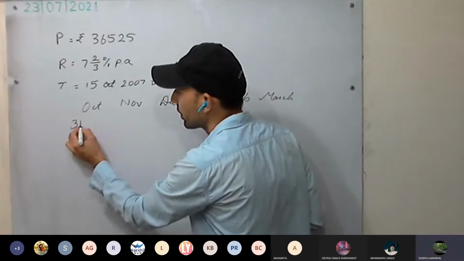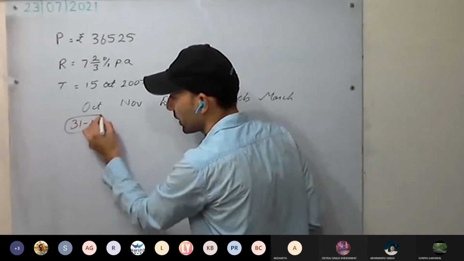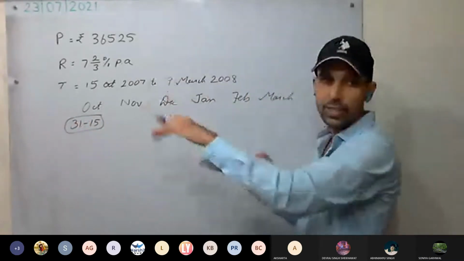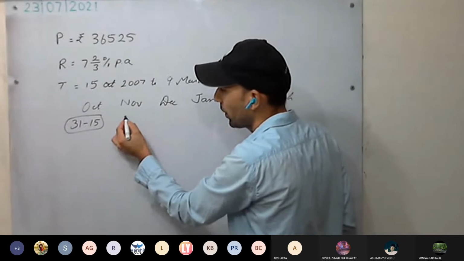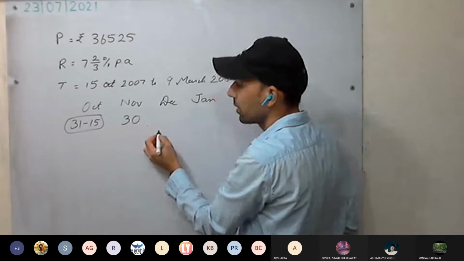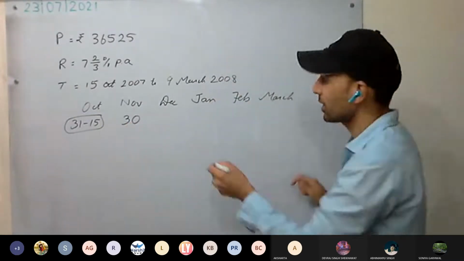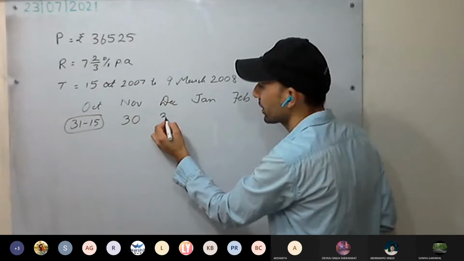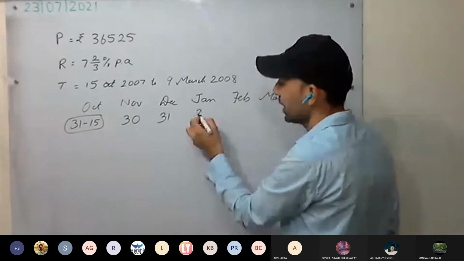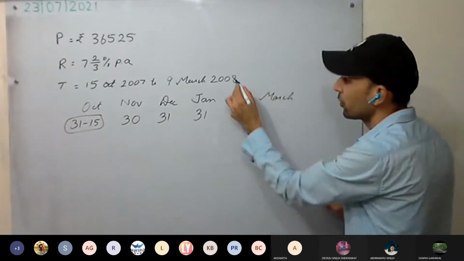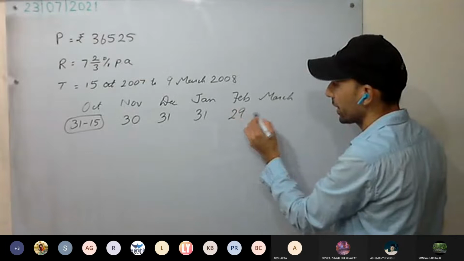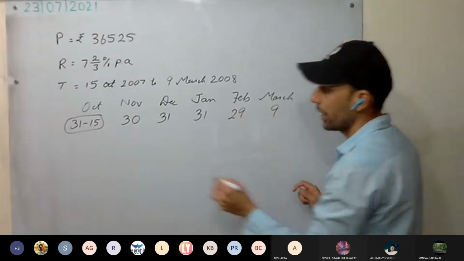So 31 minus 15 will do. Yes, 15 days we are going to remove. November, how many days? November 30 days, December 31, January 31, February 2008 29, March 9. Add them.